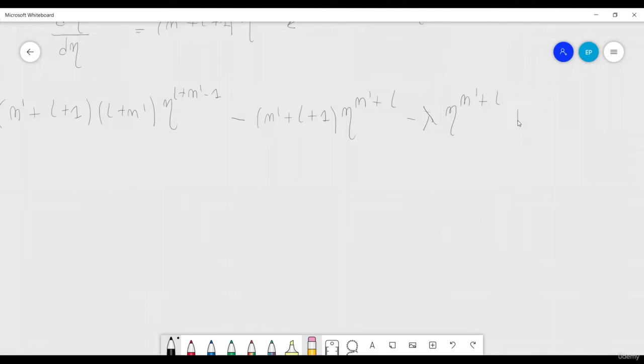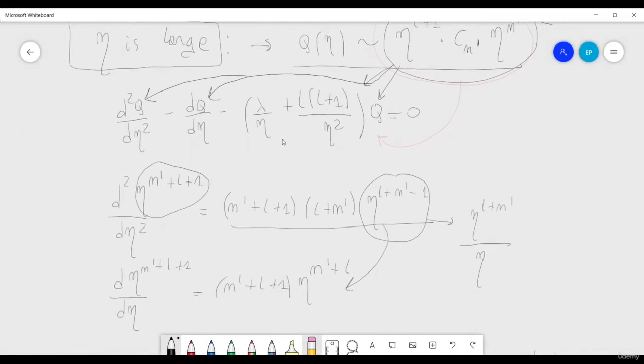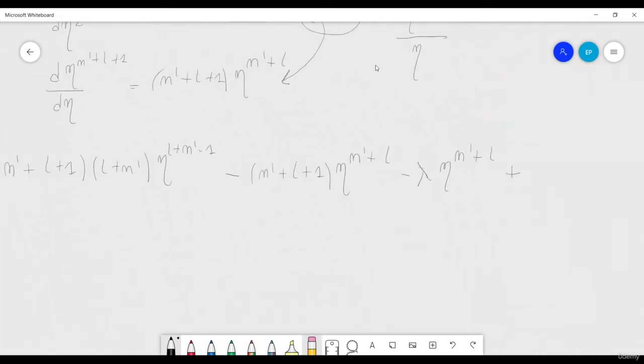Actually, it's a plus because it's a minus plus, so it's minus L times L plus 1 divided by eta squared. So I have minus L times L plus 1 times eta to the power L plus n prime plus 1 minus 2. So I have n prime minus 1 here, and this should be set equal to 0.